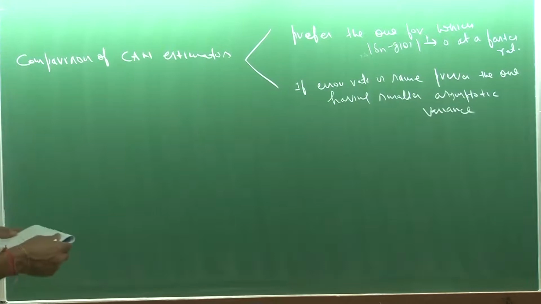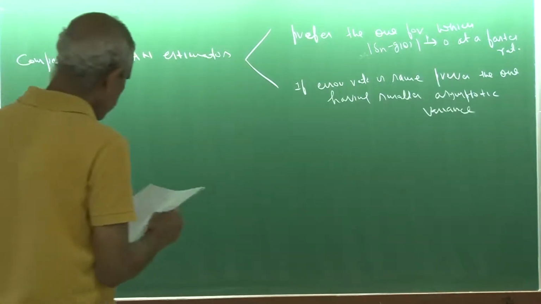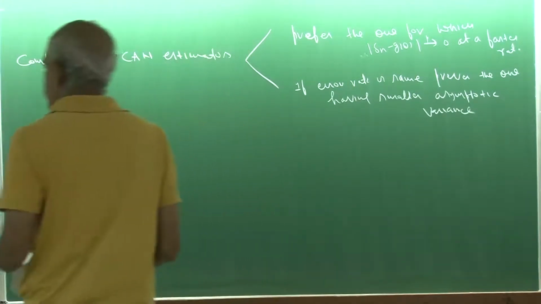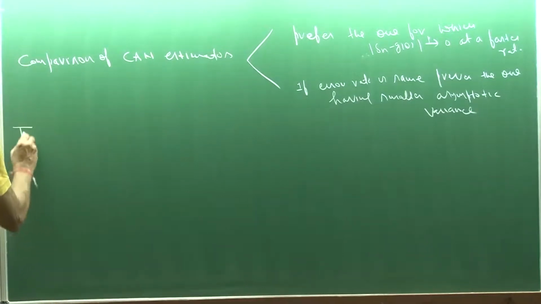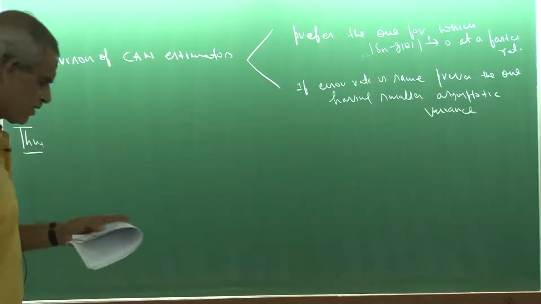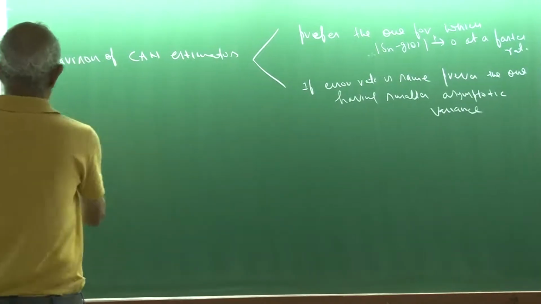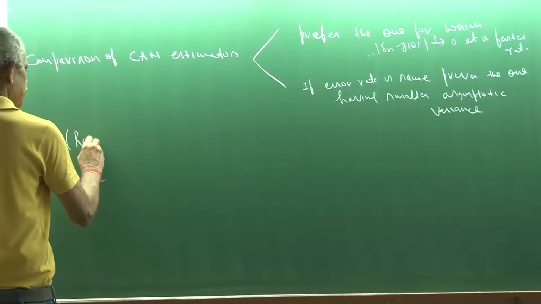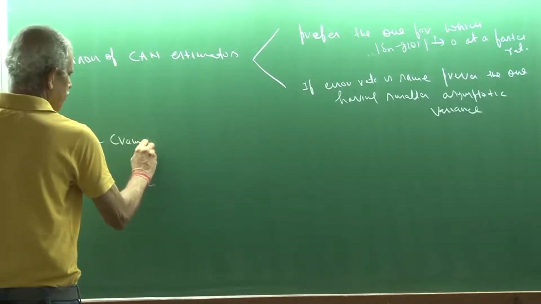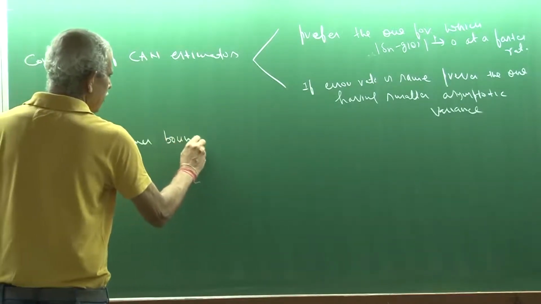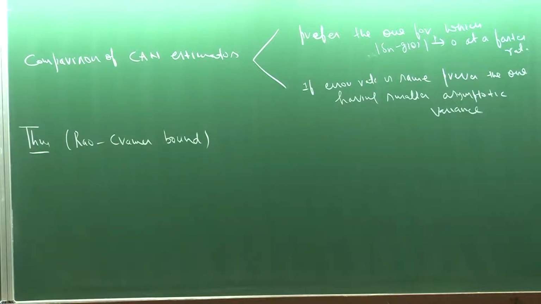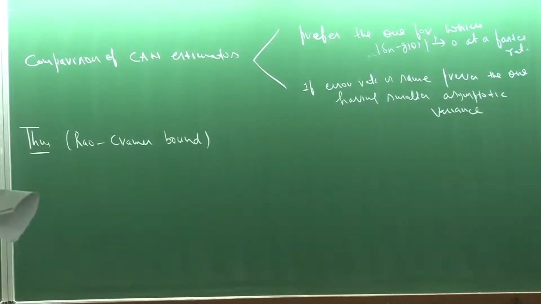So let us try to see what the Cramer-Rao bound is so that you can use it to get asymptotically efficient estimators. Rao-Cramer bound. Of course, one may also call it the Cramer-Rao bound. I am using Rao-Cramer bound.